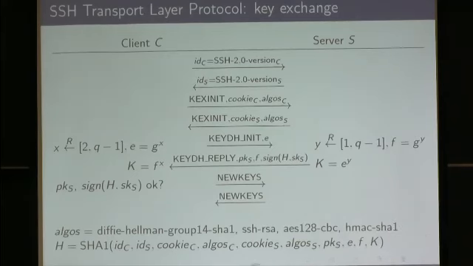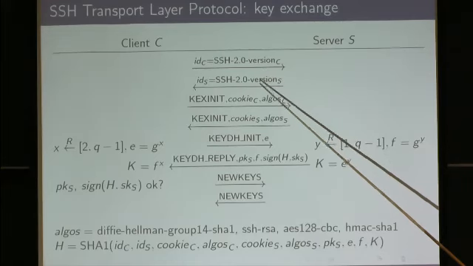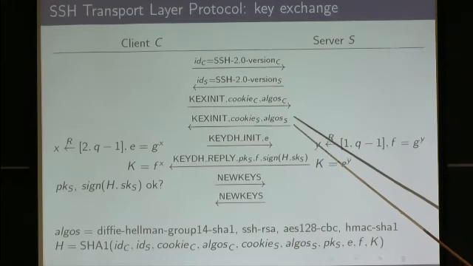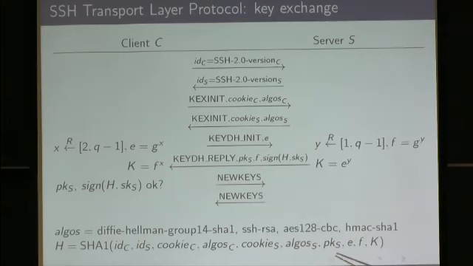Then it's going to compute a hash of the whole transcript of the protocol, essentially. So the identification messages, the cookies, algorithms, also the public key of the server, the exponential of the client and the exponential of the server, and the common secret g to the xy, which is k.